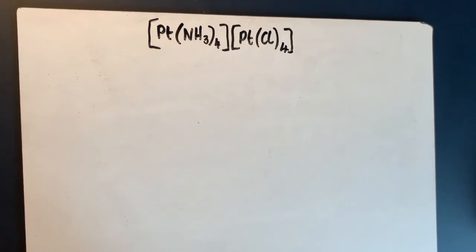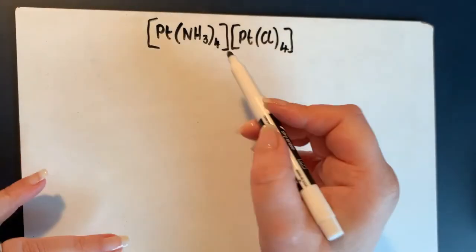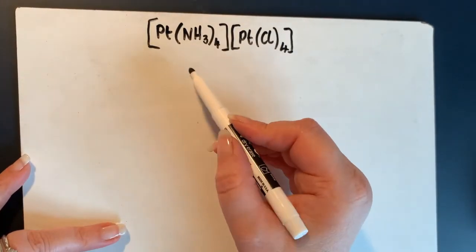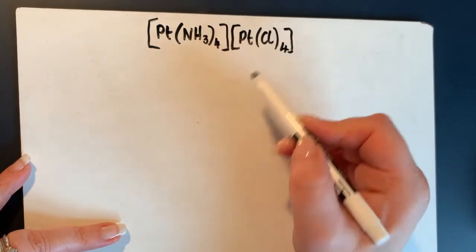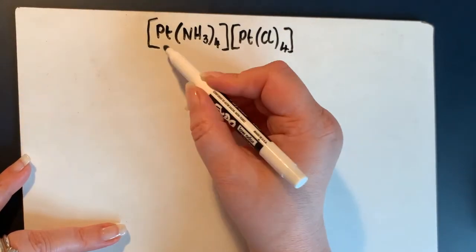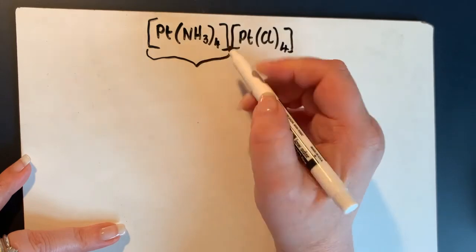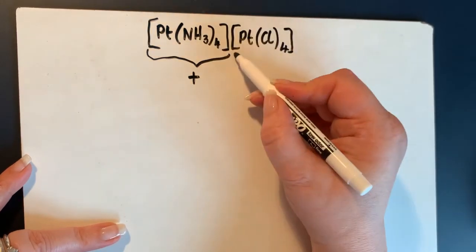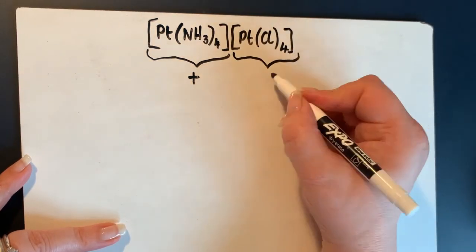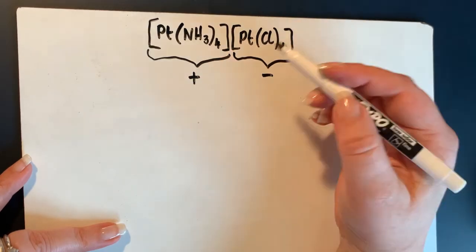This one looks horrific, but if we just take our time with it and follow the rules, we will be fine. So, we've got a compound made from 2 complexes. Our first one is always positive, and our second one is negative.